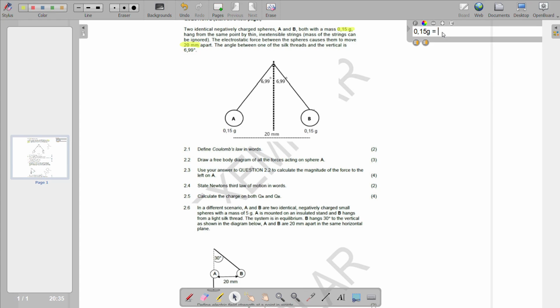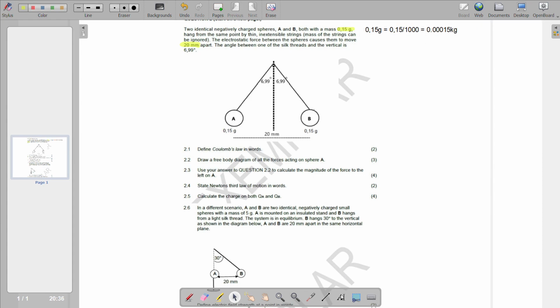So 0,15 divided by 1,000 is equal to 0,00015 kg. So we can use it later, but let's convert it in that way.